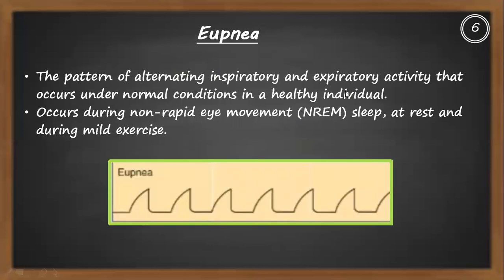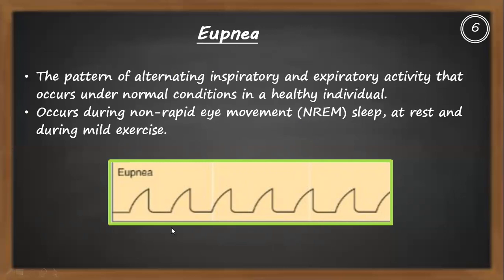So here is a graphical representation of eupnea, whereby the x-axis shows the time and the y-axis shows the action potential. So here you can see that there is an increase in the action potential firing for a certain time, then stopping of the action potential firing, and then again an increase in the action potential firing.